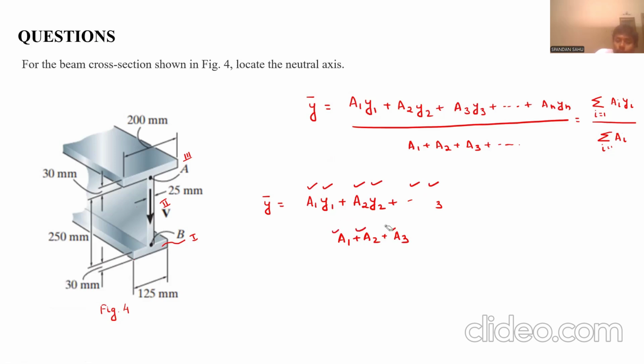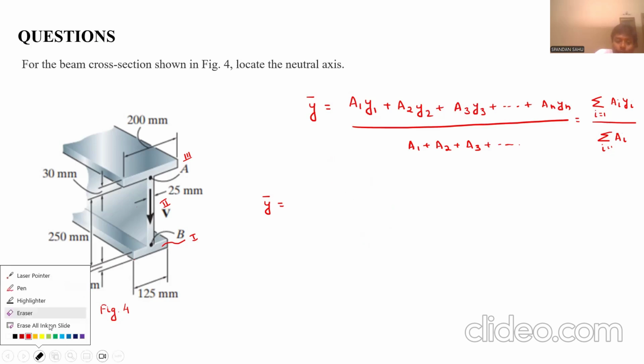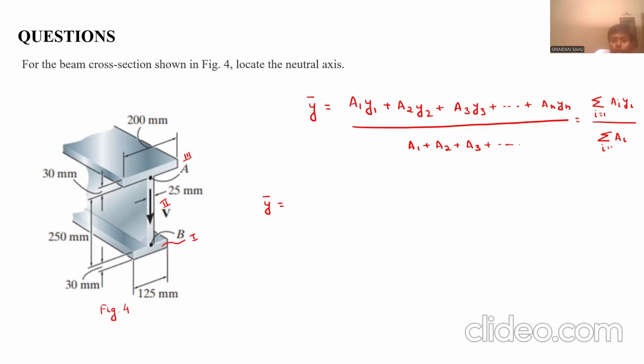I am erasing this equation because it is not needed. Let us directly feed in all those values. What will be the area of the bottom flange?